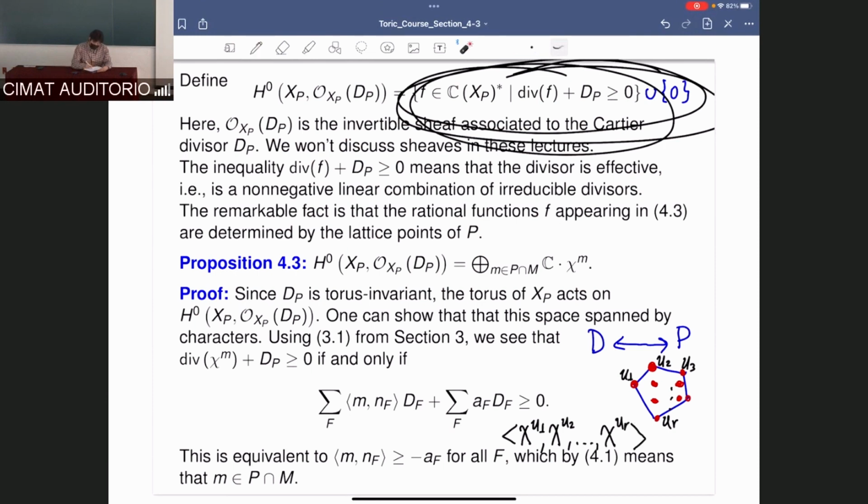For example, in particular, the dimension of this vector space of global sections is finite, and not just that, equal to the number of lattice points here, because I have a correspondence between those lattice points and a basis of this vector space.